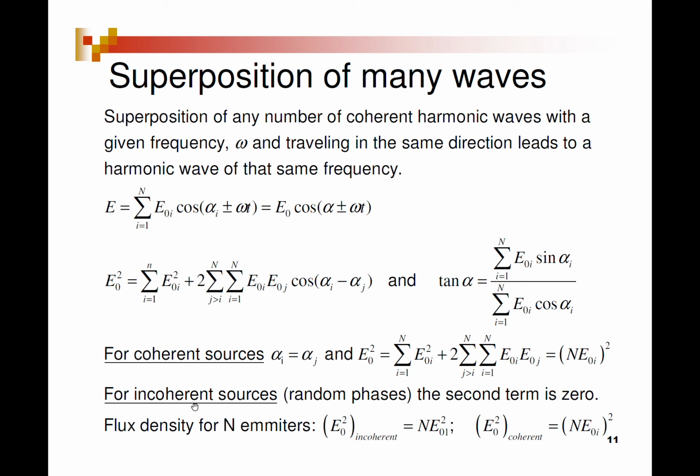But in the case of incoherent sources, with random phase, the second term is 0, and then only this term survives. So what we have here is that in the case of a coherent source, the amplitude is going to be n times E naught i squared. But in the case of incoherent, we get these expressions. So depending upon the coherency or the phase relationship, you will have a very different result.